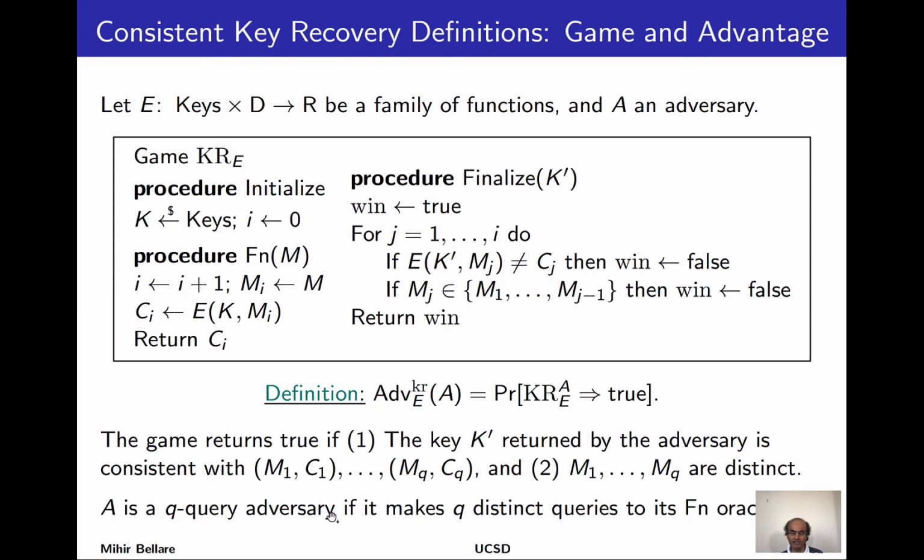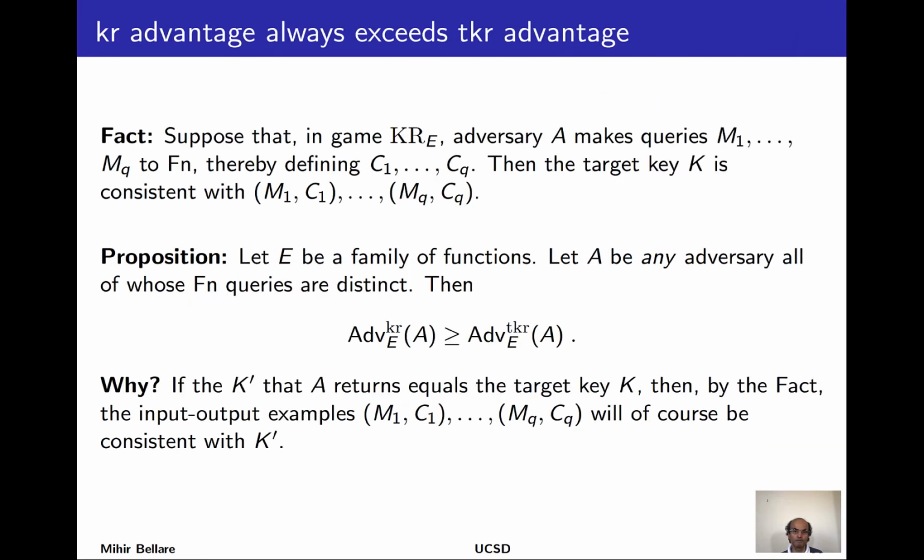And a Q query adversary to be different really from a Q-1 query adversary really requires that those queries are distinct. And so I simply want that to be part of the definition. Okay, so again, if you haven't seen this before, it will take some looking at and understanding. But we will elucidate it a little bit more as we go on.